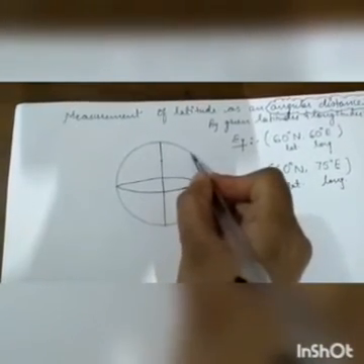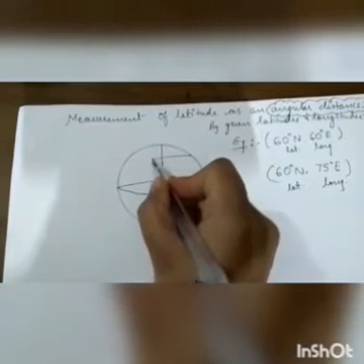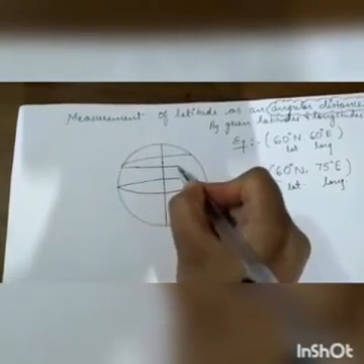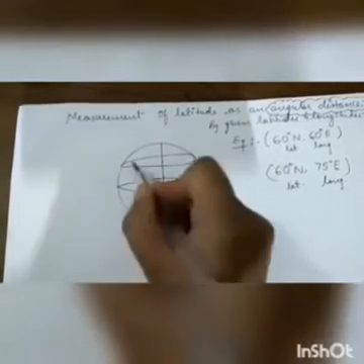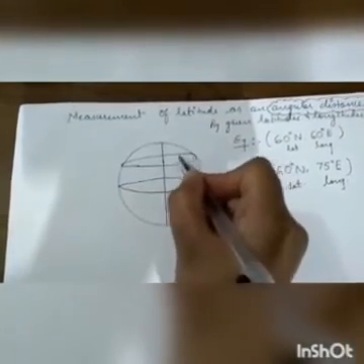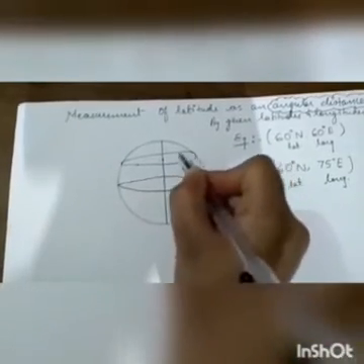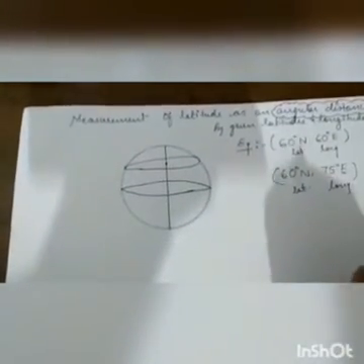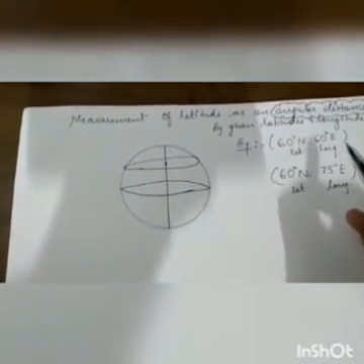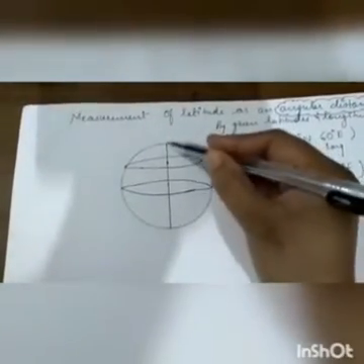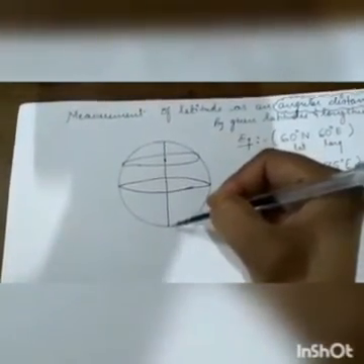This is the center, and just mark 60 degree north latitude, right? Next, mark 60 degree east longitude. Longitude is the vertical line which joins the North Pole and South Pole.